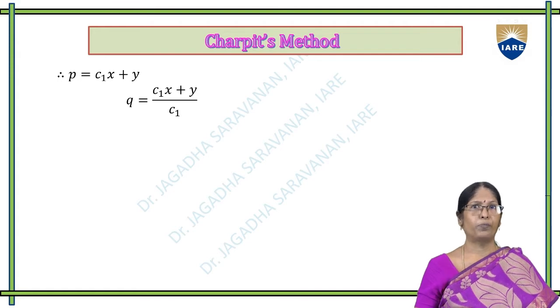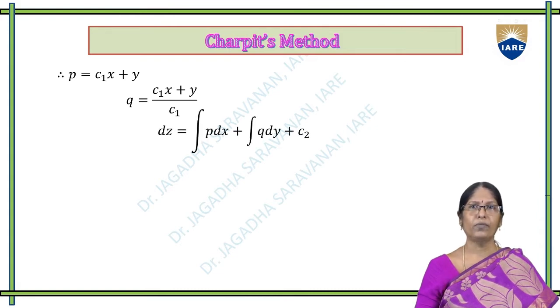The p value we obtained, the q value we obtained. The p value is c1x plus y, the q value is c1x plus y by c1. These are the steps for solving the problem.